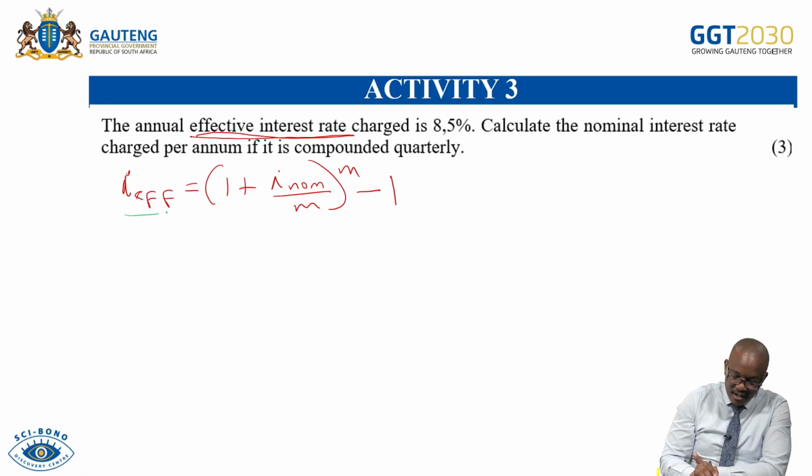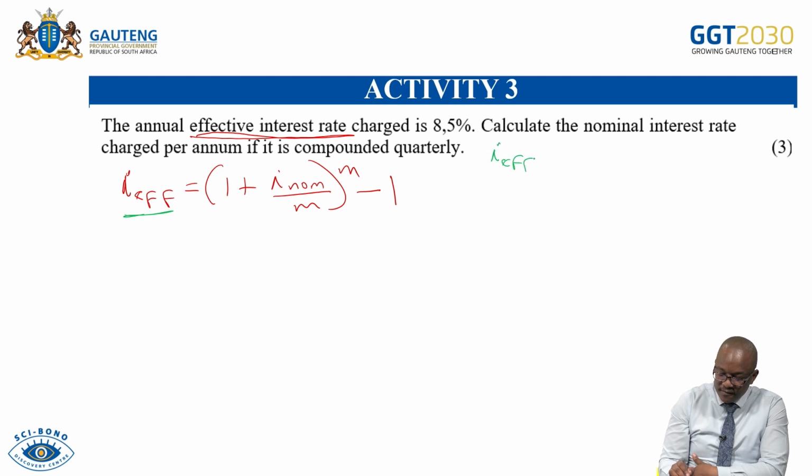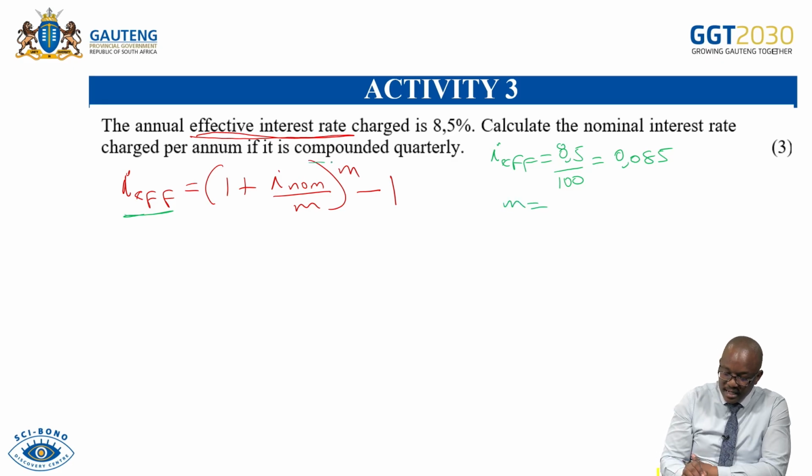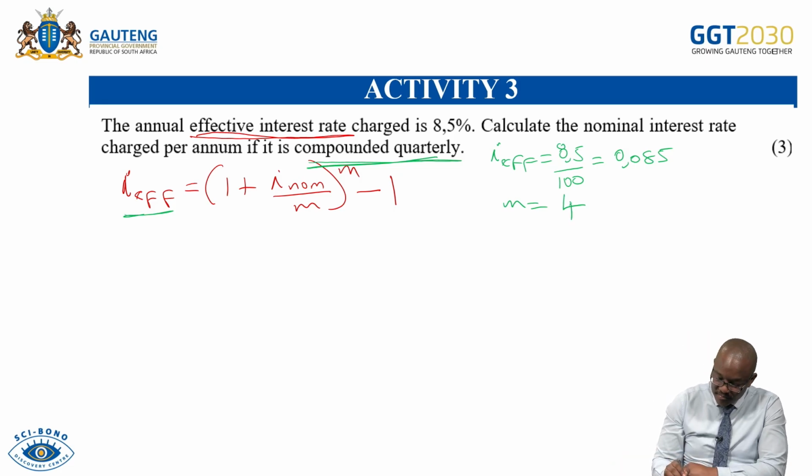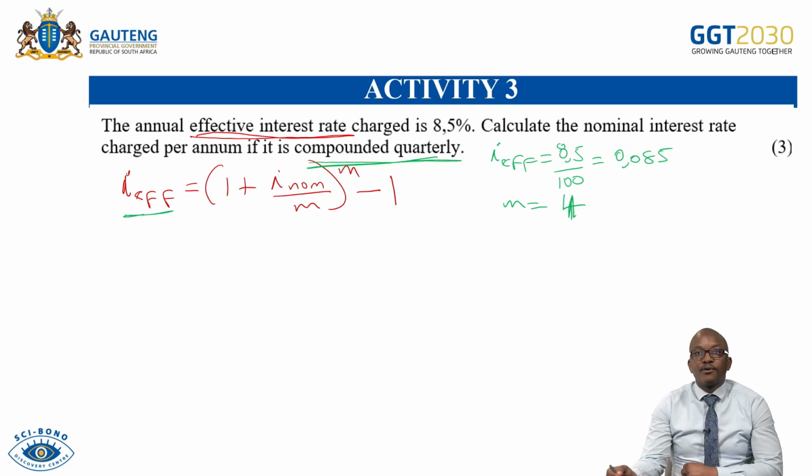So i_effective is equal to 8.5, and if you divide that by 100 you will get 0.085. And your different period, remember they said here is compounded quarterly, and quarterly we agreed from our table that is 4 times a year. Correct?